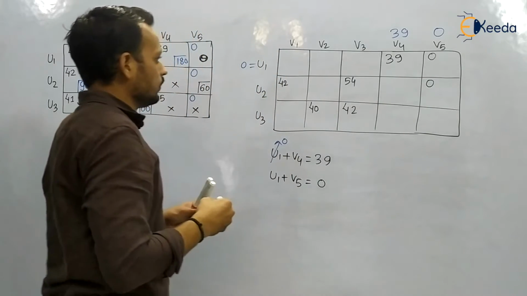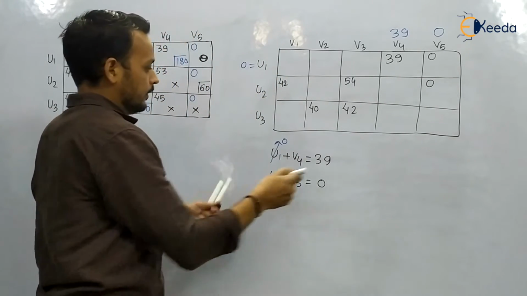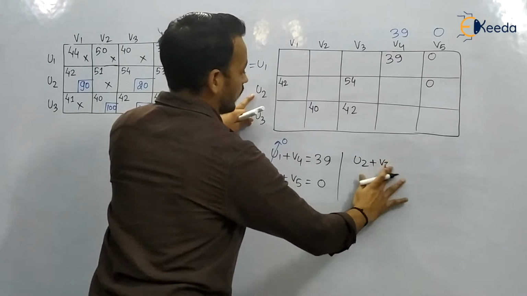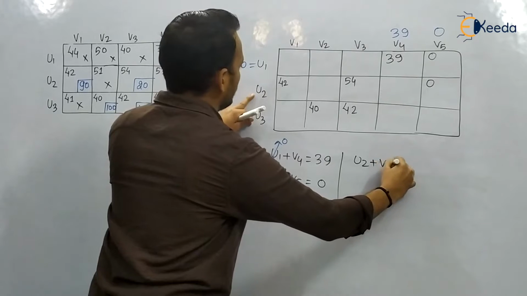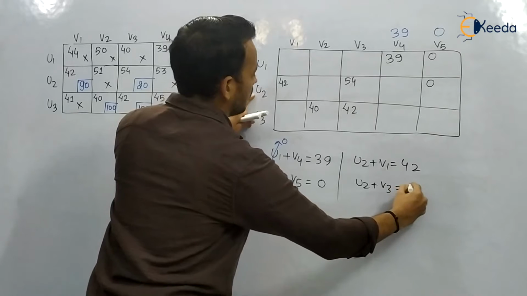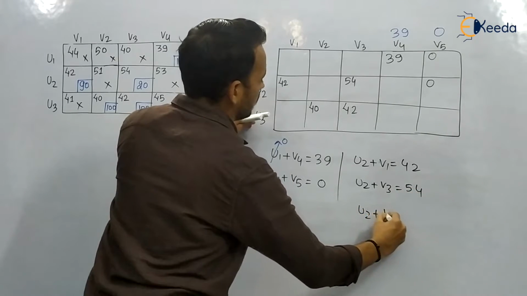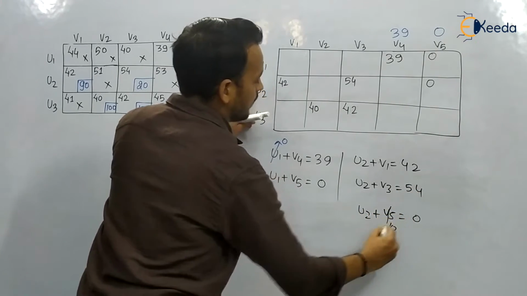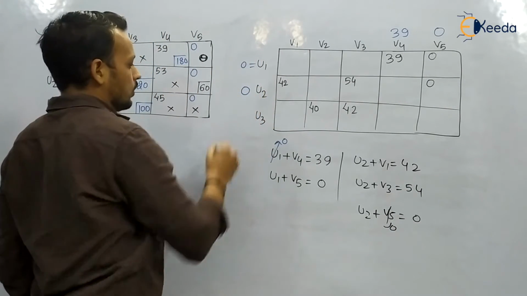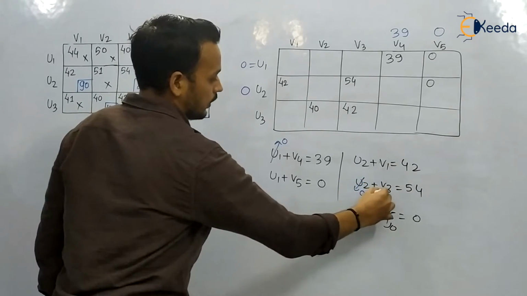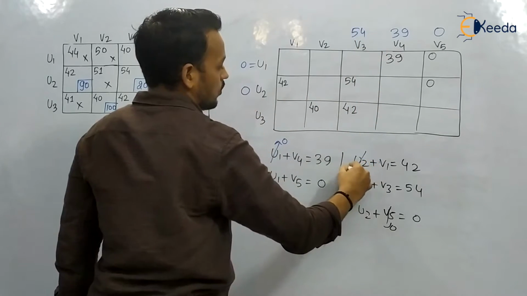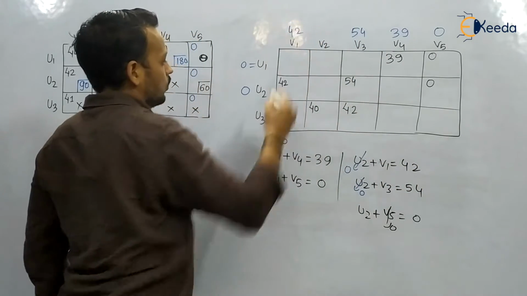Now the second, u2 plus v1 is 42, u2 plus v3 is 54 and u2 plus v5 is 0. Since v5 is 0, u2 is also going to be 0. So u2 is 0, so v3 you will get 54, and here u2 is 0, so v1 you will get 42.